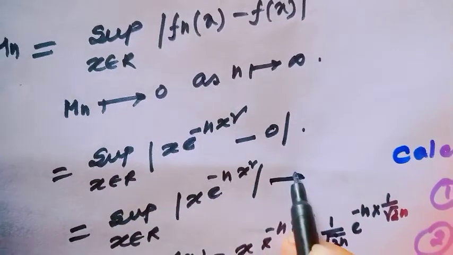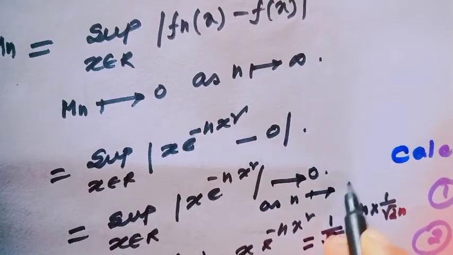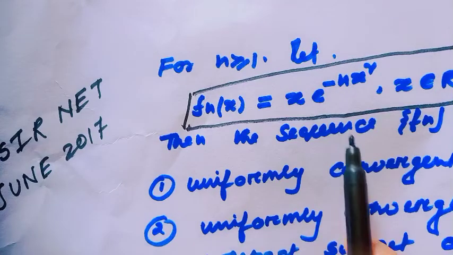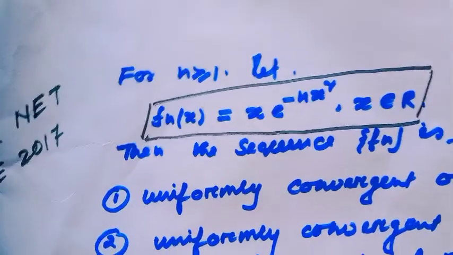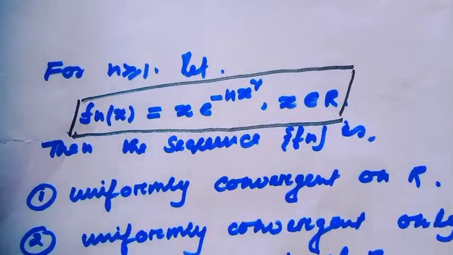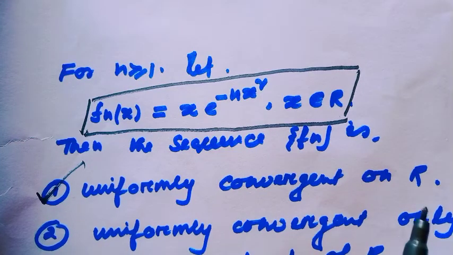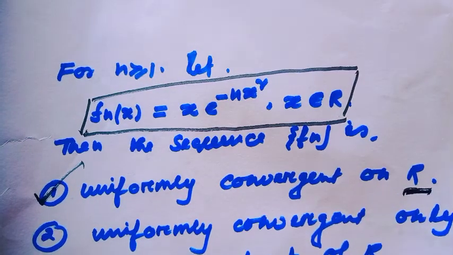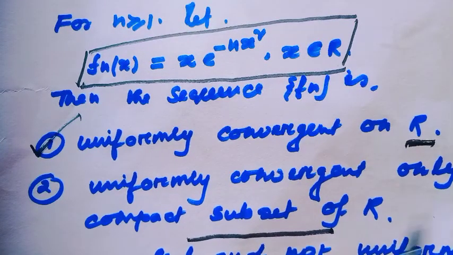Mn tends to 0 as n tends to infinity. Okay? So this sequence of functions is uniformly convergent on the whole real line. That means option 1 is the right option. This is uniformly convergent on the whole real line. And option 2 indicates uniformly convergent only on a compact subset of the real numbers.